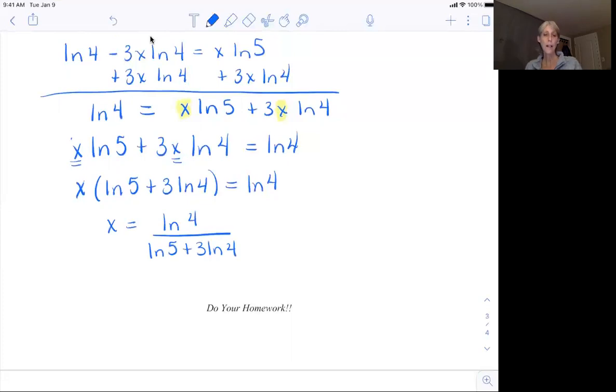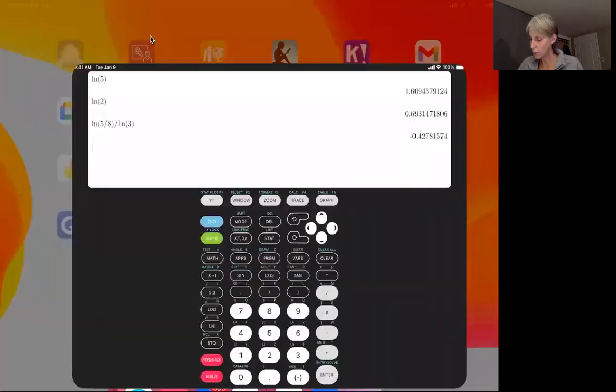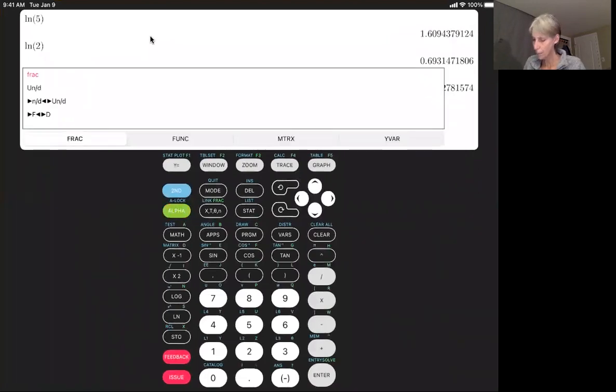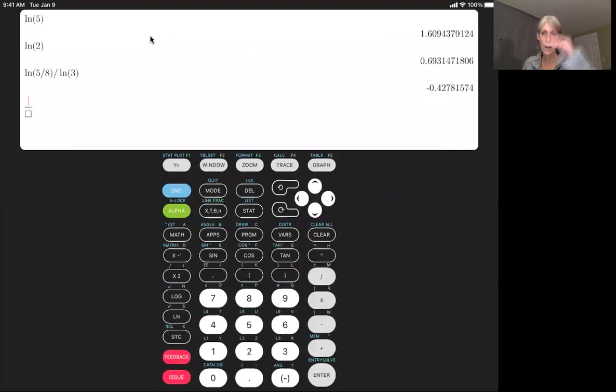And we can plug that right in our calculator to get the value for x. So let's jump to our calculator again. I might set it up as a fraction just so I have a top and a bottom, because with the calculator, it's really important where you put those parentheses. So my numerator is ln of 4, and my denominator is ln of 5 plus 3 ln of 4.